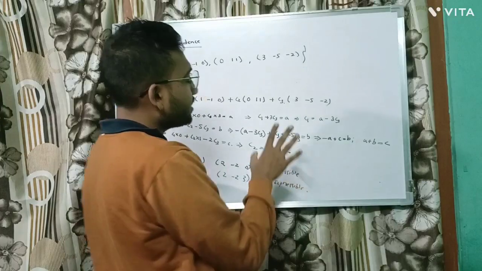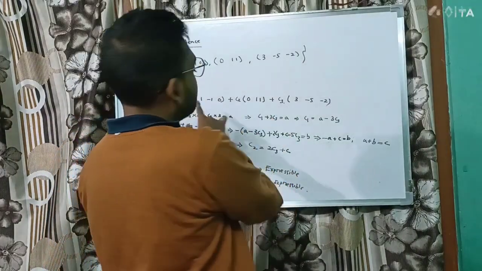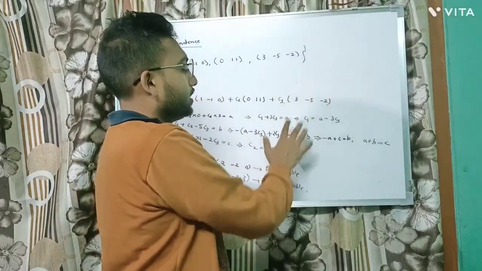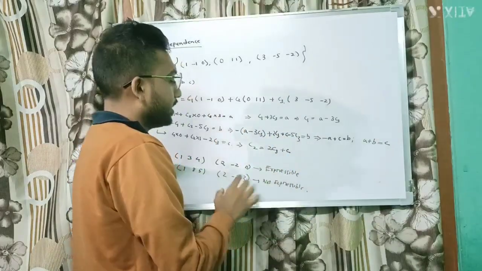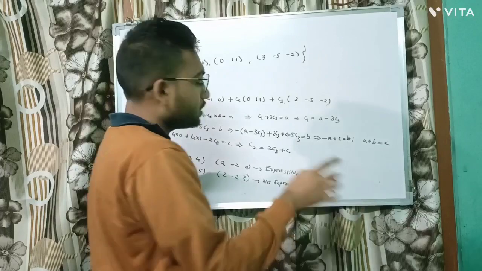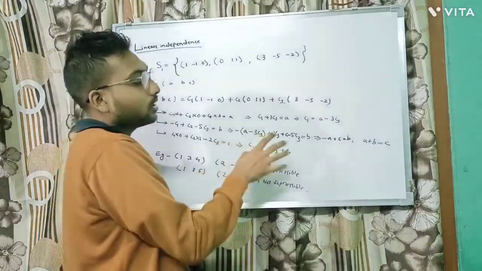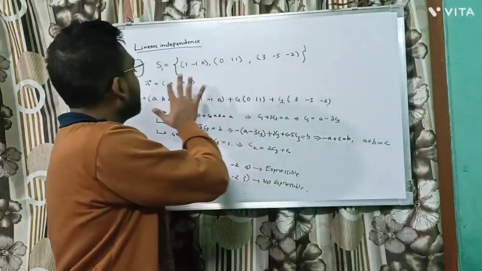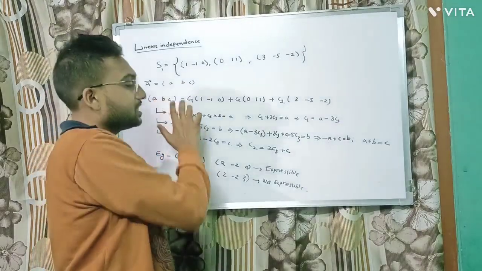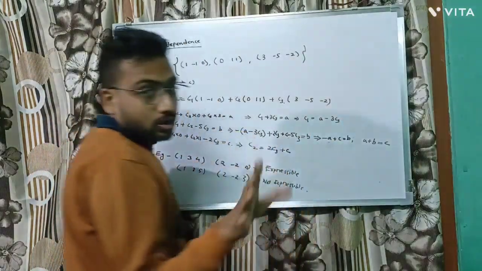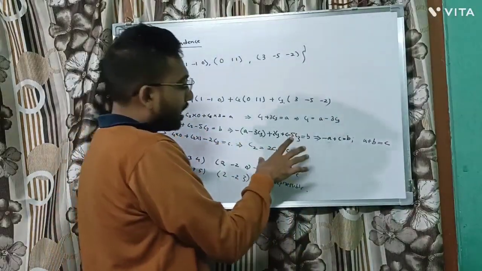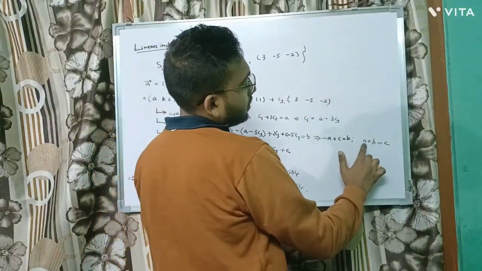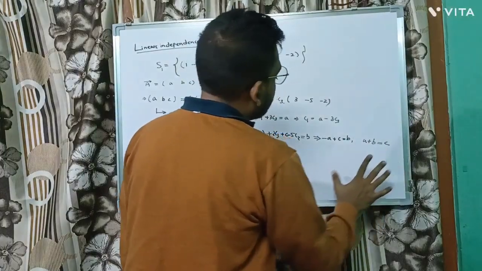So what I have done is expressed the other constants in terms of one constant. I have expressed c1 and c2 in terms of c3 and put these values in the second equation to get a relationship between a, b and c. After putting the values, I get a plus b is equal to c.